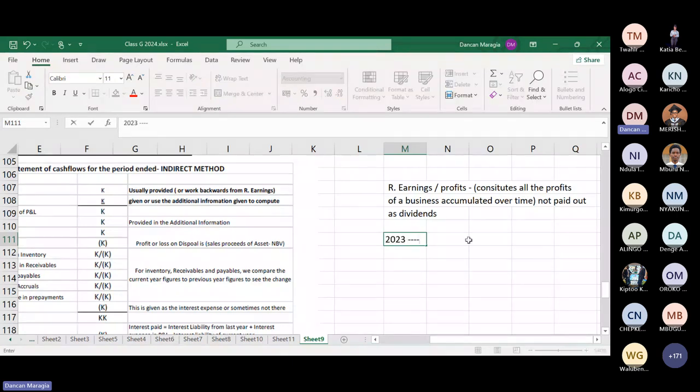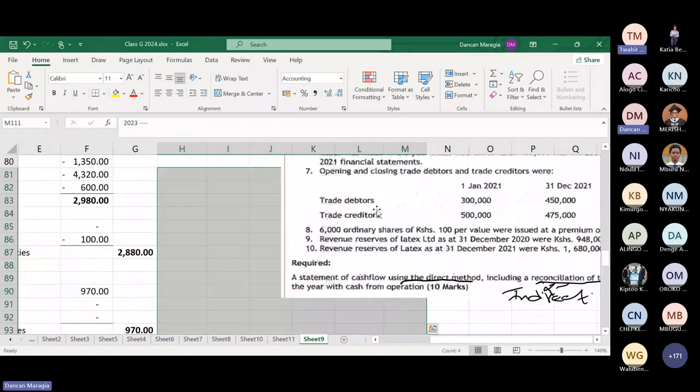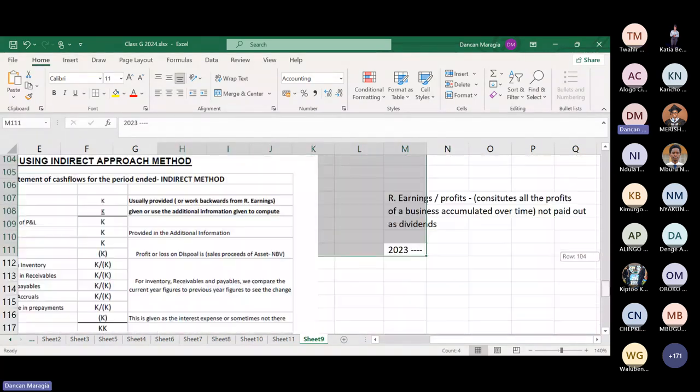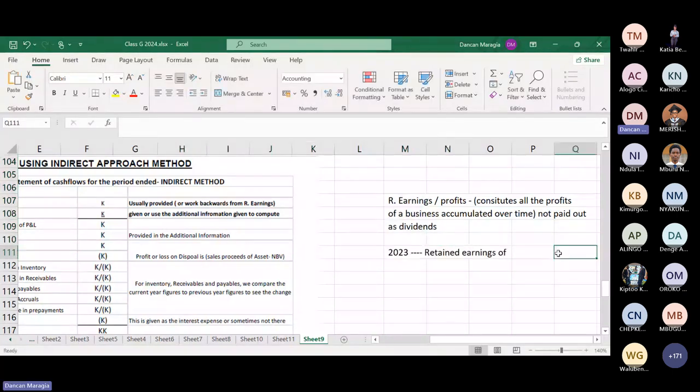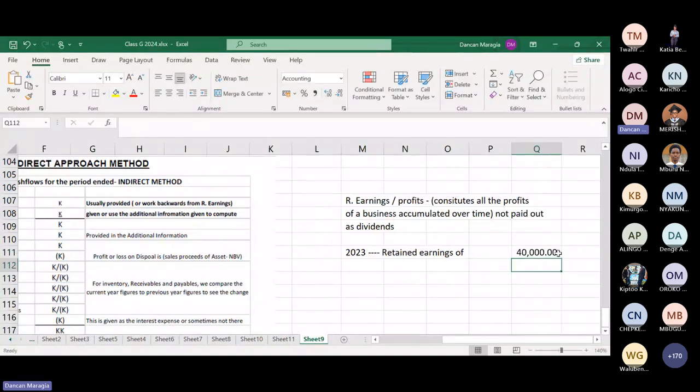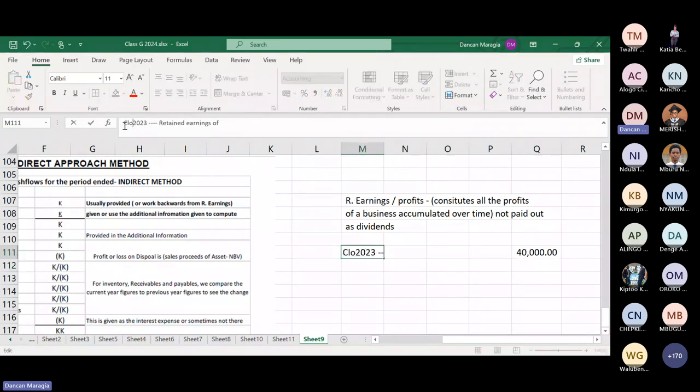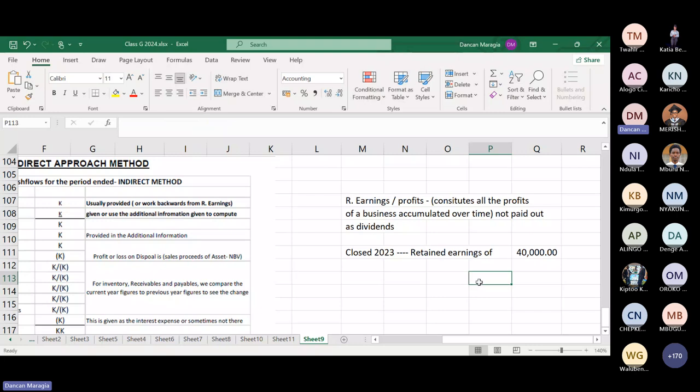I tell you my retained earnings here, 2023, assume I had something like retained earnings of 40,000. So I am starting now 2024. This is the close of 2023. I've closed 2023 having total retained earnings of 40,000.